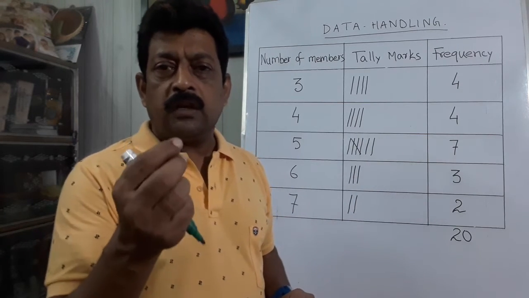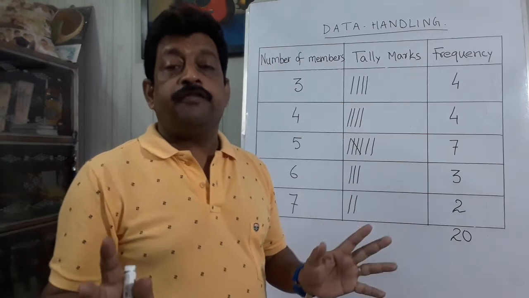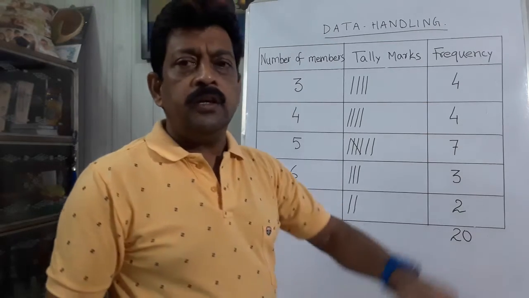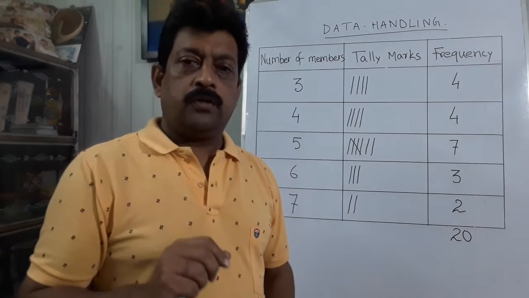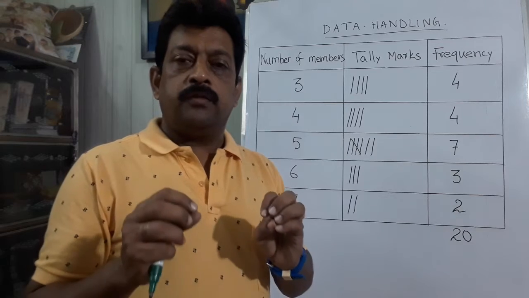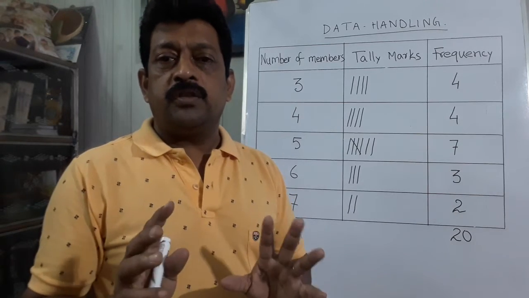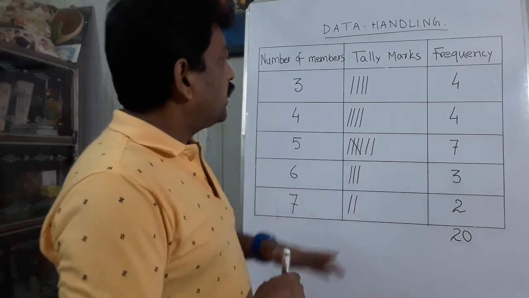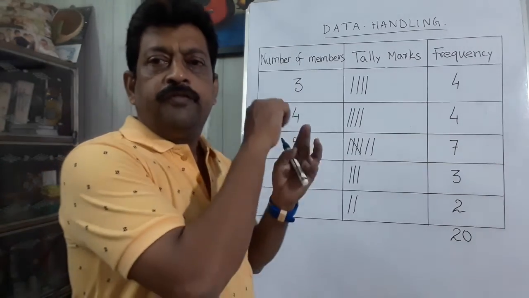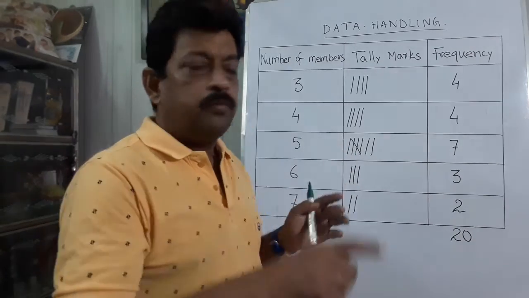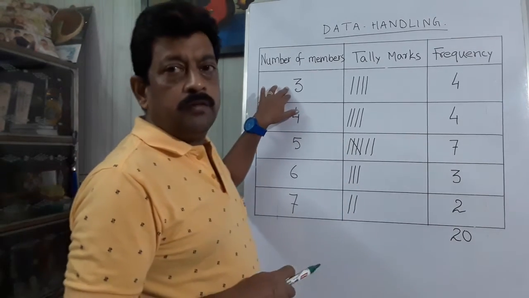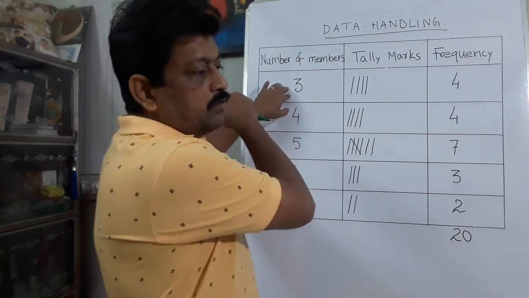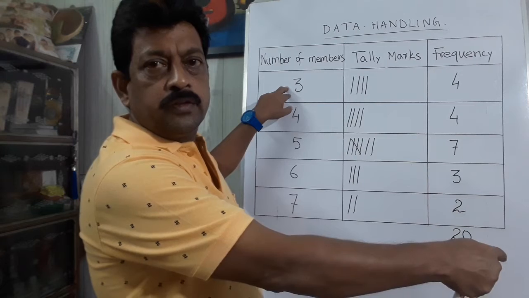because if you miss a single one, then you cannot find your fault. What you have to do then? You have to erase everything and do it again. And there is a huge chance of making mistakes, of missing some data. Why? Because every time you are counting, you are going from the first to the last observation. When you are trying to find 3, you are starting from the first observation to the last observation.